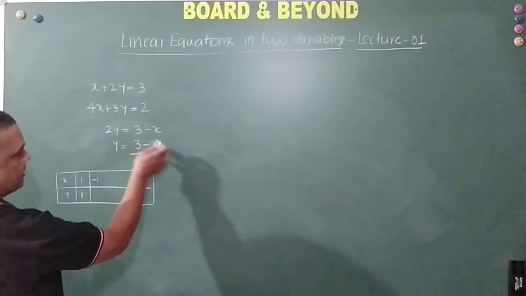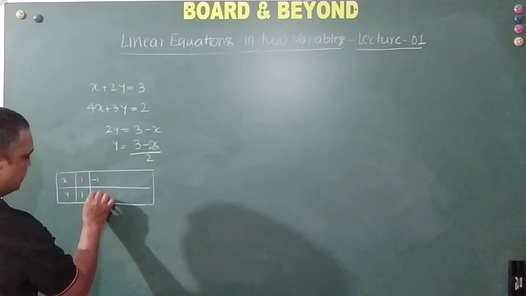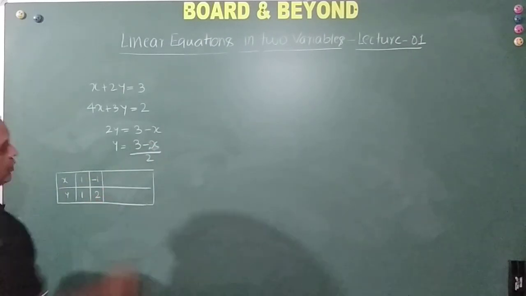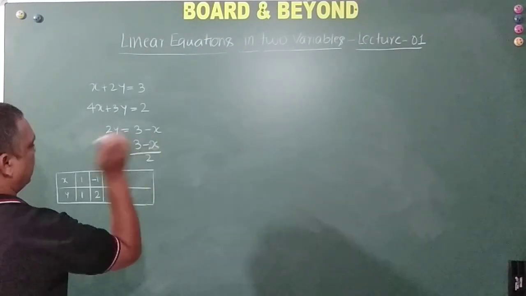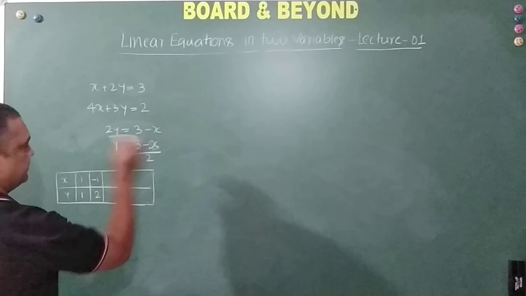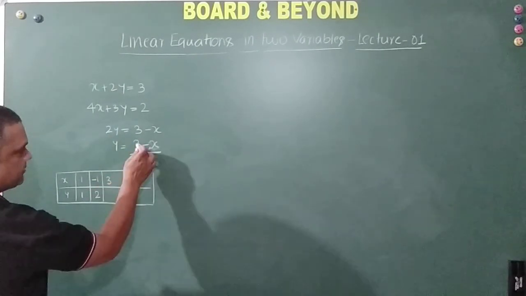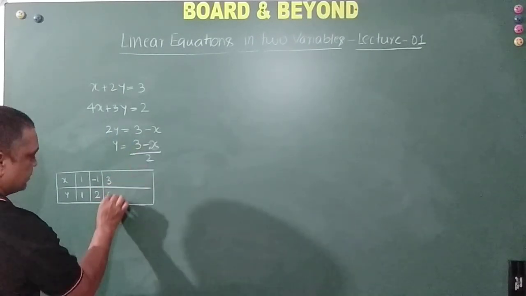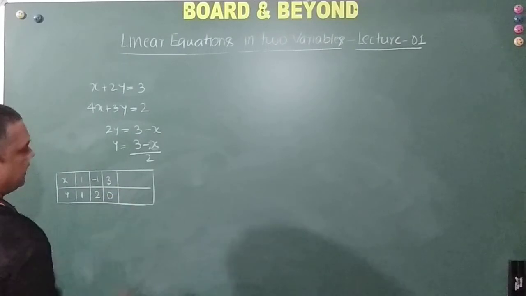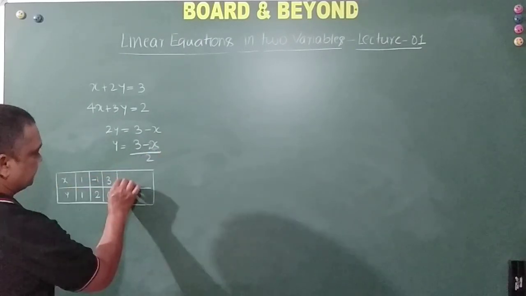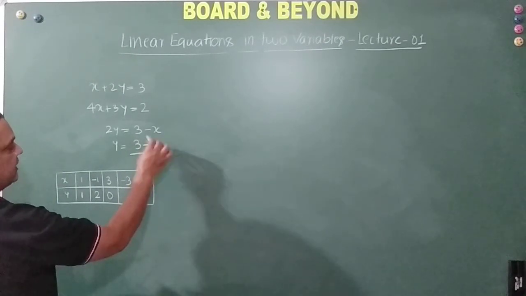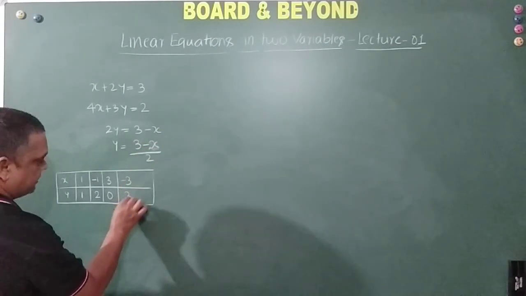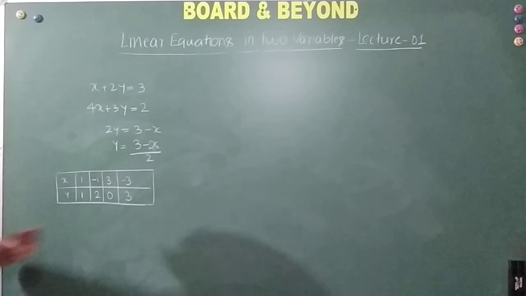So this becomes 3 plus 1, 4, then 4 by 2 is equal to 2. Now let us say x is equal to 3. This becomes 0, and 0 by 2 is 0. Now let us say x is equal to minus 3. This becomes 3 plus 3, 6 by 2, that is equal to 3. Right, friends? With this we will stop here.